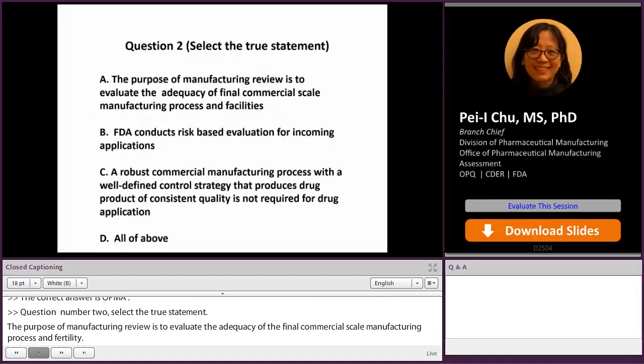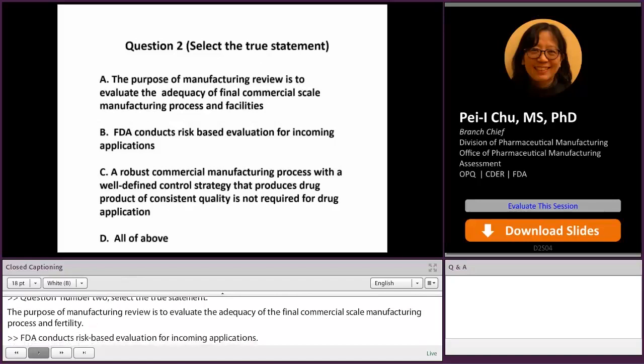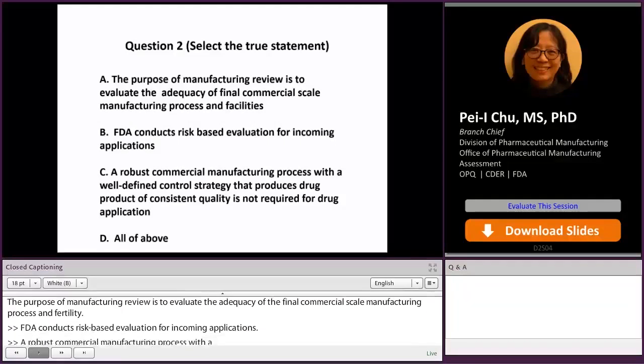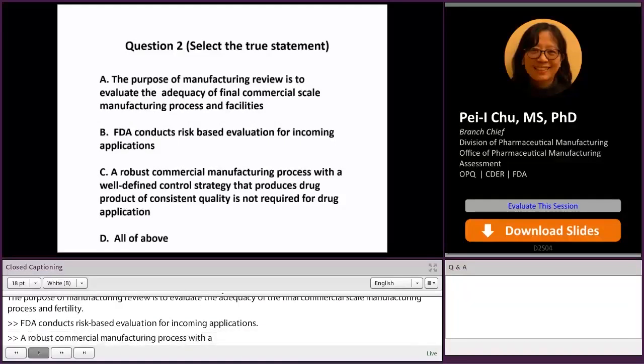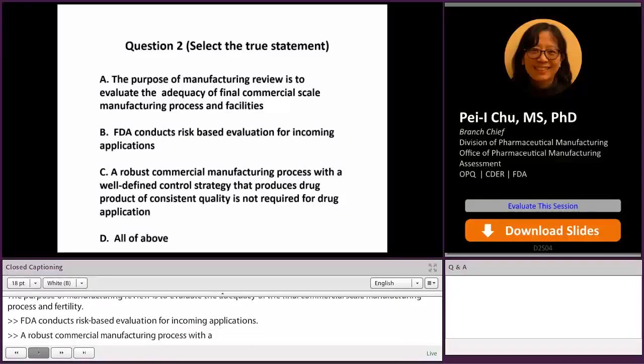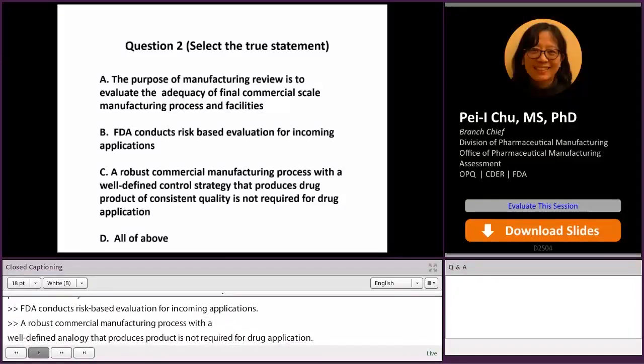Question number 2. Select the true statement. A, the purpose of manufacturing review is to evaluate the adequacy of final commercial scale manufacturing process and facilities. B, FDA conducts risk-based evaluation for incoming applications.